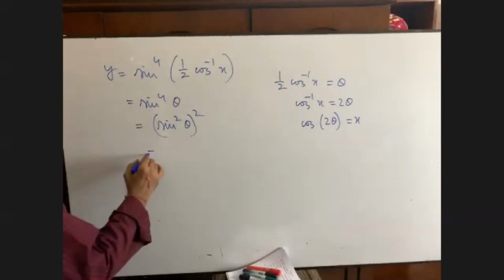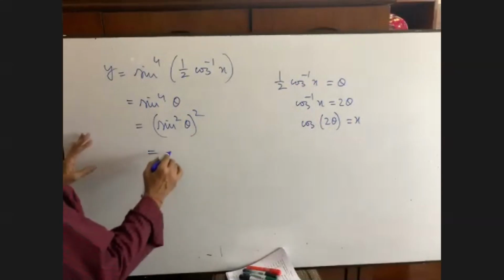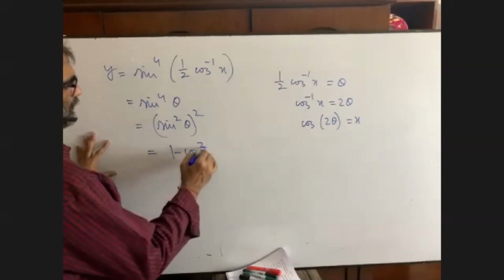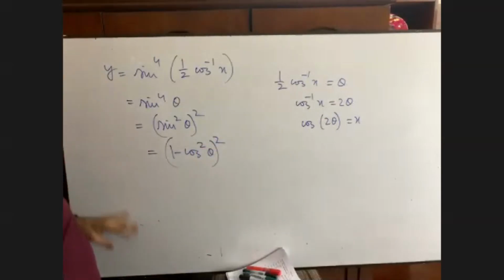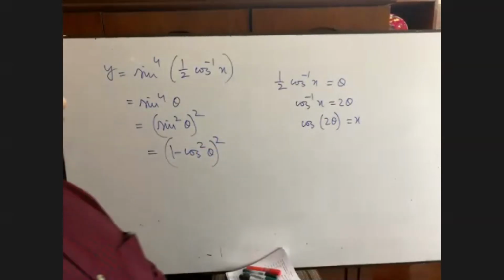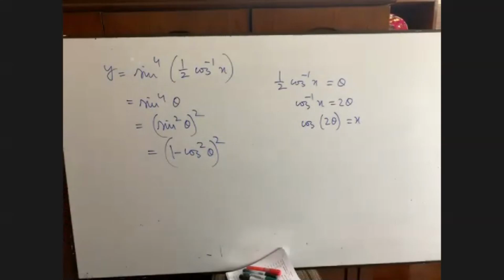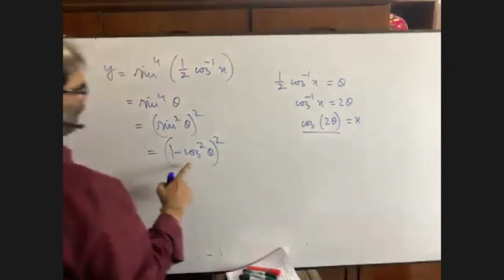So from here we can write 1 minus cos square theta whole square. But you see, we have cos 2 theta, so we cannot put this value.